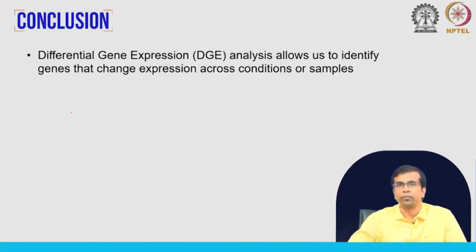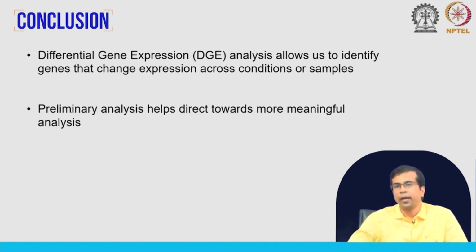To conclude, we have seen that differential gene expression analysis allows us to identify genes that change expression pattern across different conditions or different samples. Here we took examples of disease versus healthy, and we have also talked about some of the preliminary analysis that can help us direct towards more meaningful analysis.